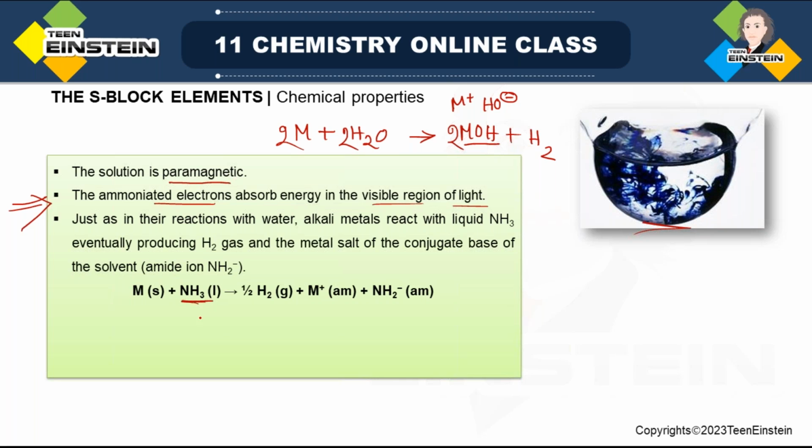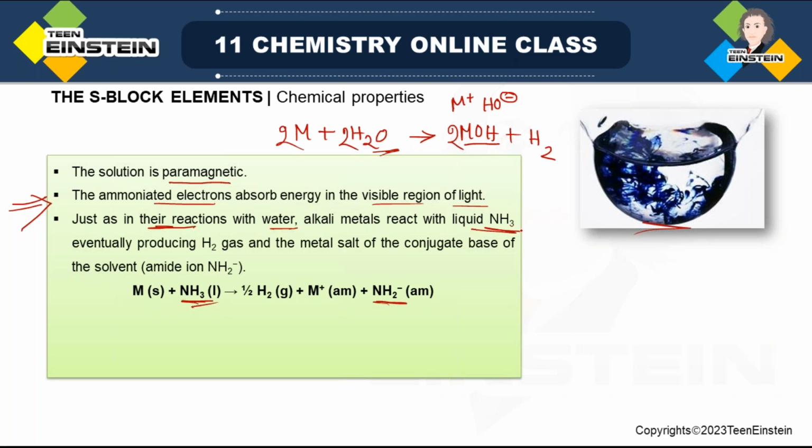But when metal reacts with ammonia, just like water, if you remove one H from H2O you get OH minus, just like that, when you remove one H from ammonia you get NH2 minus. This is known as the amide ion. So just as in the reaction with water, alkali metals behave similarly.